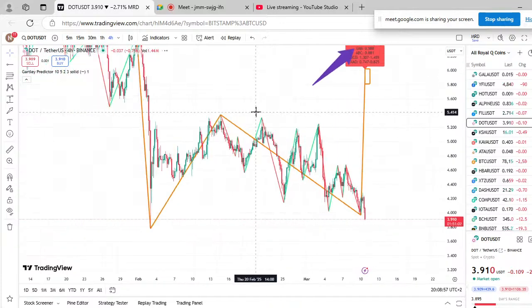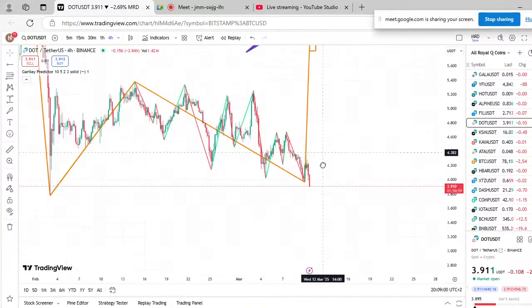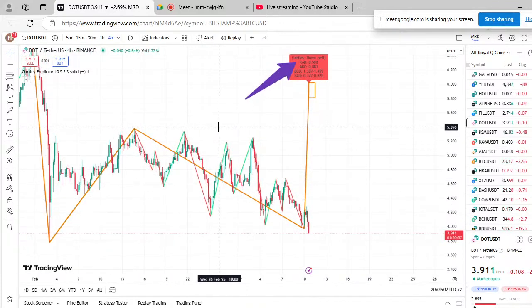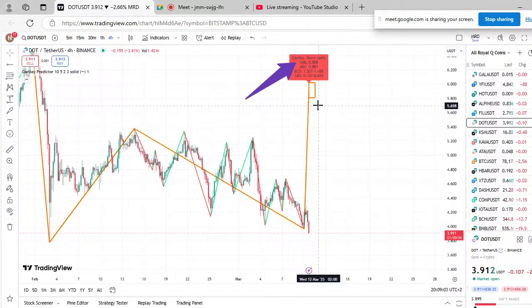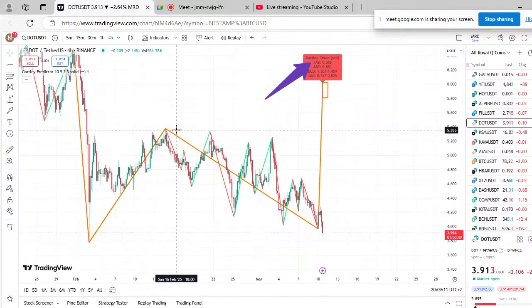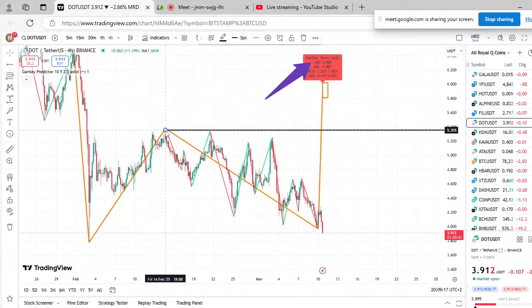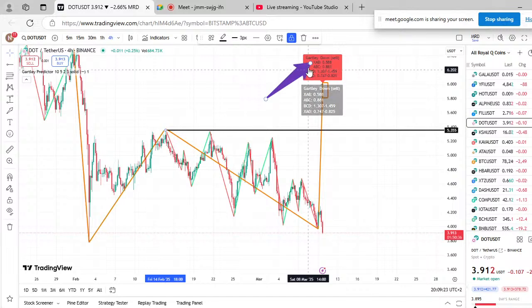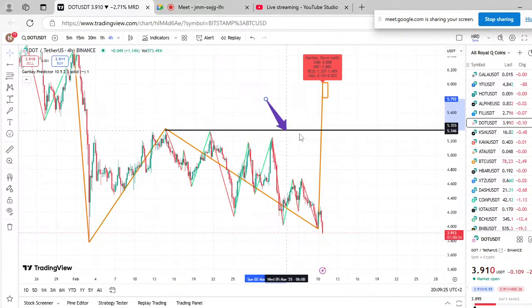Okay, so when you are to trade such a coin, you should know that it may not go and touch the exact point where it is pointing right now, but you can consider the previous highs by drawing your lines like this. This is the black line that I have used. It is representing the resistance level.